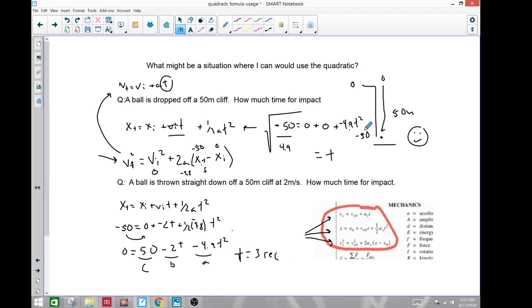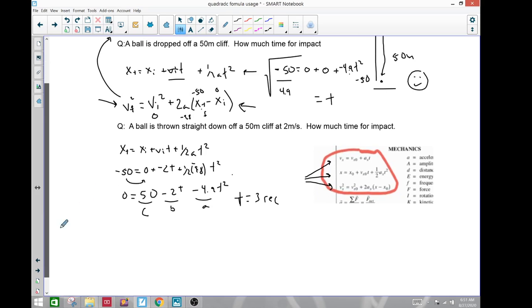Did I absolutely have to solve it this way? I didn't. I could potentially use, let's say, this formula right here, a combination of formulas. Let's take this guy for example, and let's solve it out without the quadratic formula. So I have velocity final squared equals velocity initial squared plus 2 times the acceleration of gravity, and then position final minus position initial.